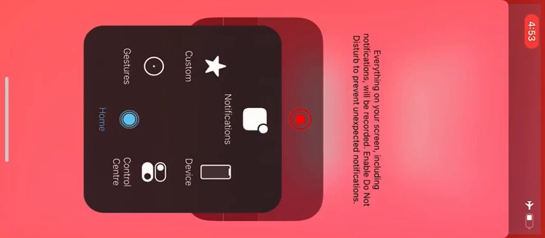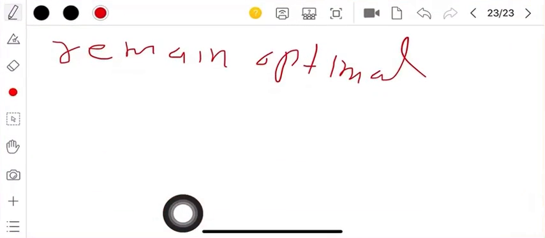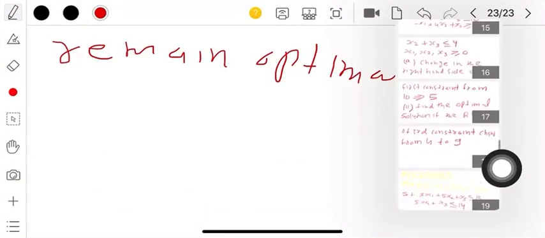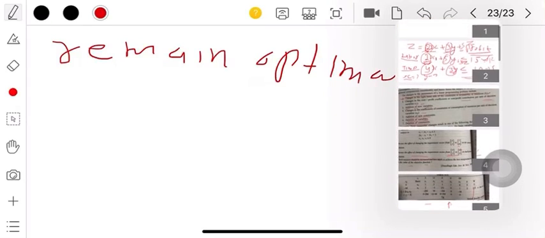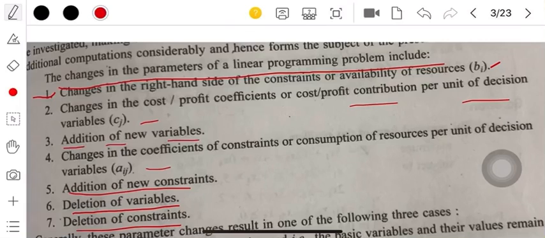Okay, there were some other cases like addition of a new variable. You can find the original solution, add the new variable, and check whether the solution remains optimal or not. If the solution remains optimal, then okay.